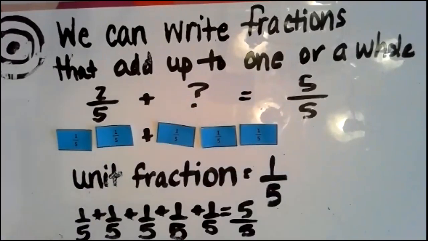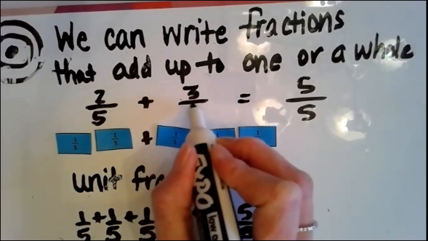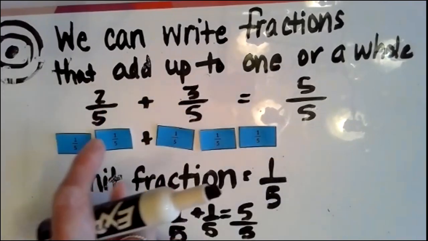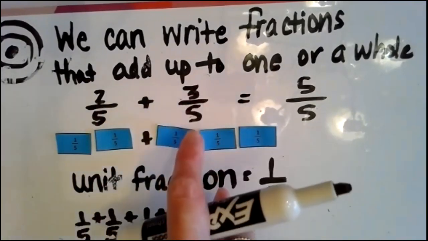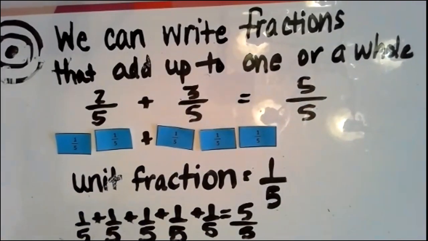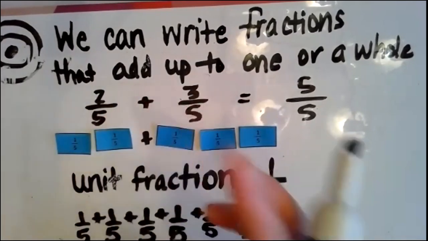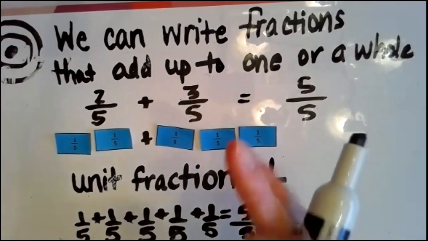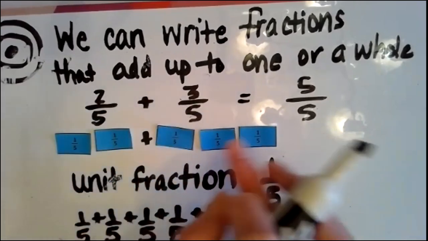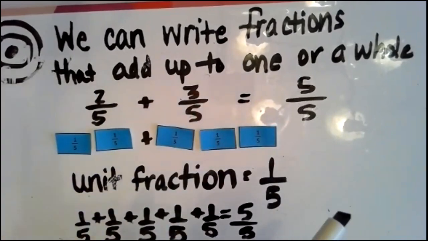So the missing fraction that would go here would be 3/5. 2/5 plus 3/5 is 5/5. Our learning target today is, if you are given one of these fractions, can you figure out, using a visual or a model or using mental math, that missing fraction?